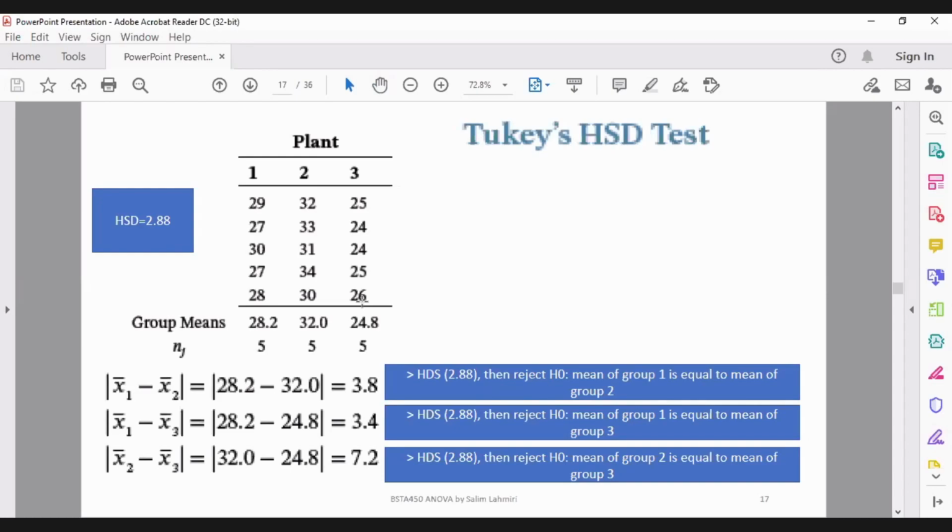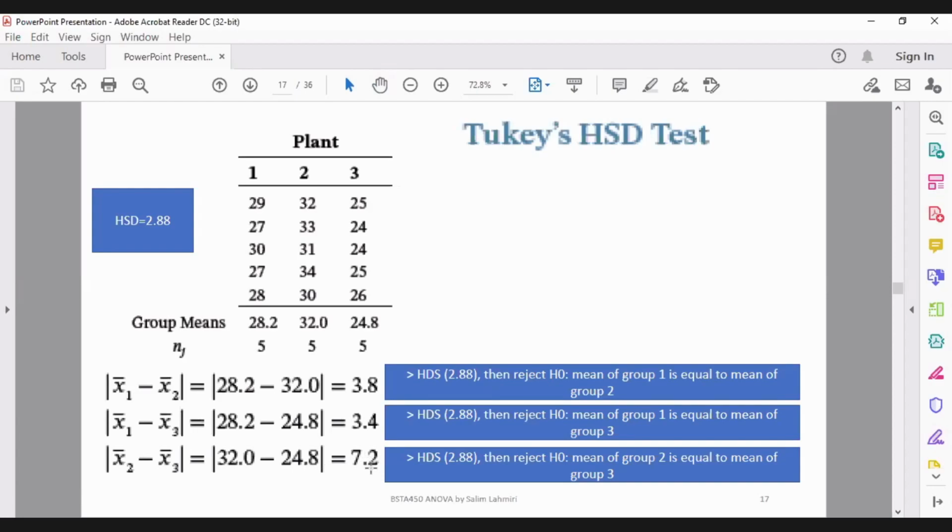And the statistic is simply the average of mean 1 minus average of mean 2, average of mean 1 minus average of mean 3, and average of mean 2 minus average of mean 3. The first difference of averages is equal to 3.8. The second is equal to 3.4. And the third is equal to 7.2.